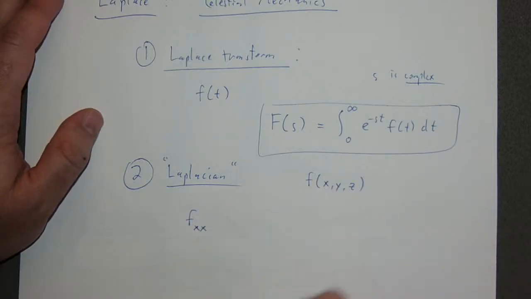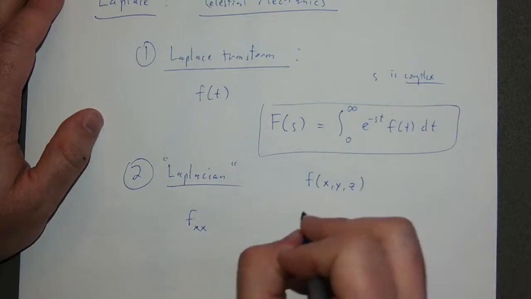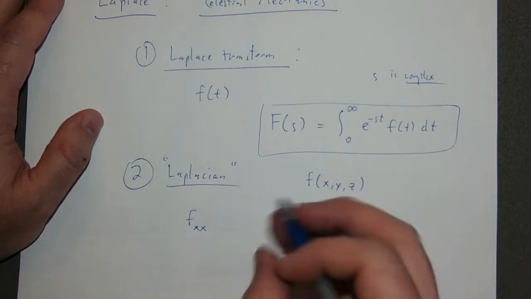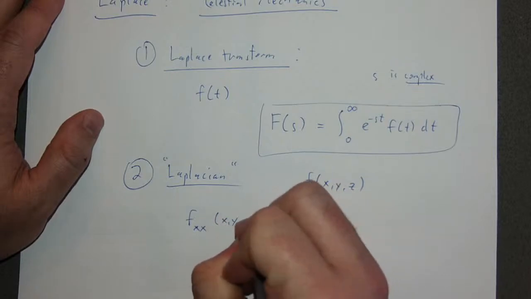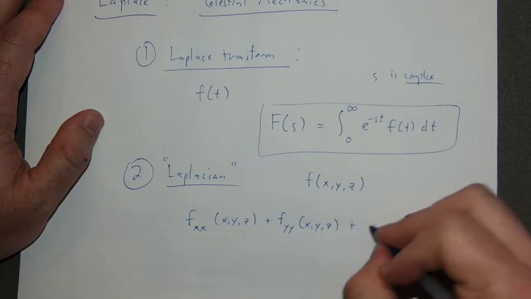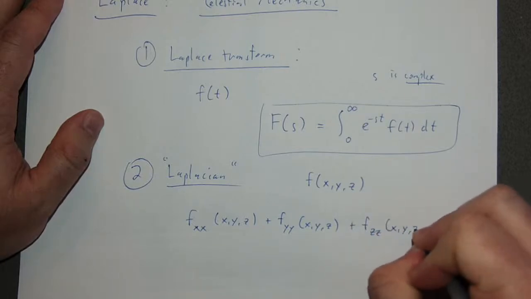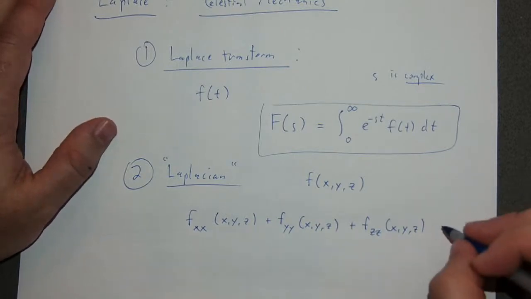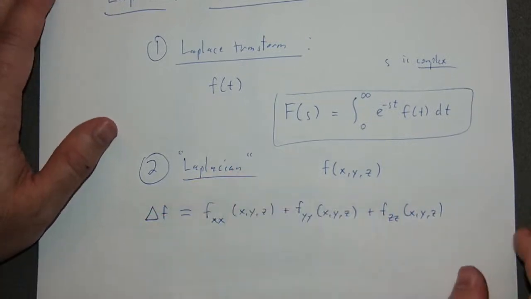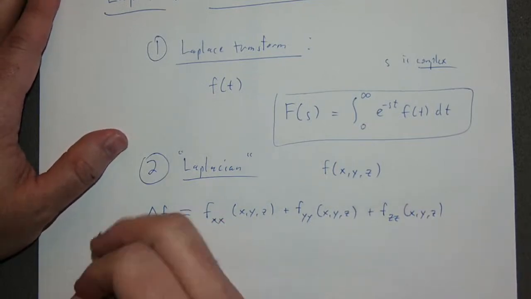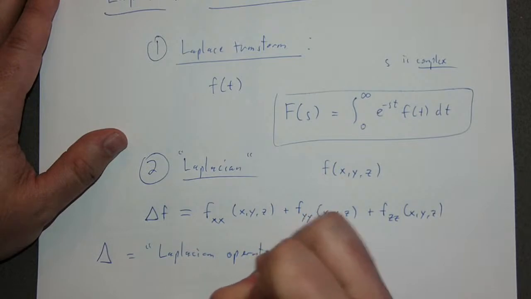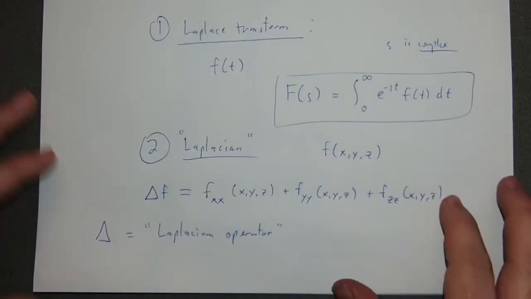If I take the double x partial of f of x, y, z, so this is the second order partial with respect to x, so it's the x partial of the x partial of f, and add to that the double y partial of my function, and add to that the double z partial of my function, then this expression can be rewritten as delta f, where this delta is the Laplacian operator.